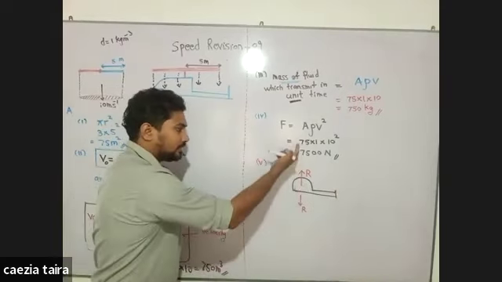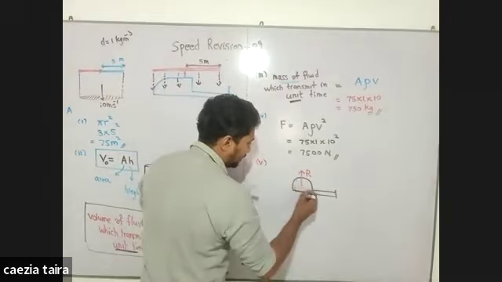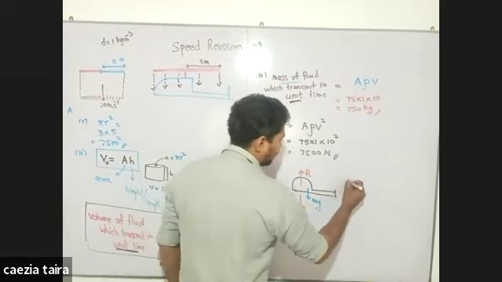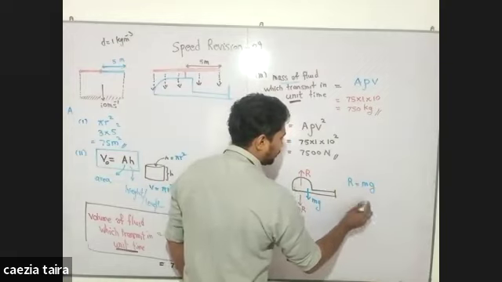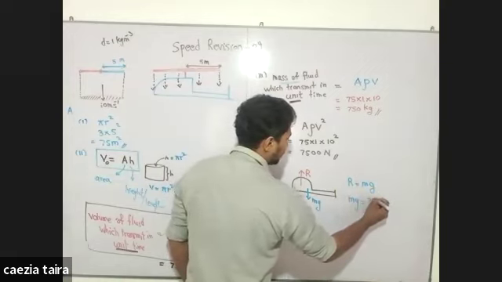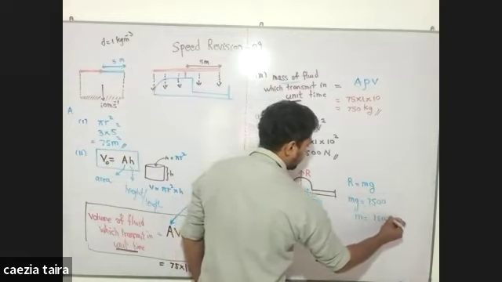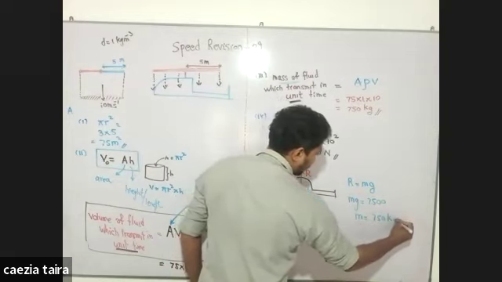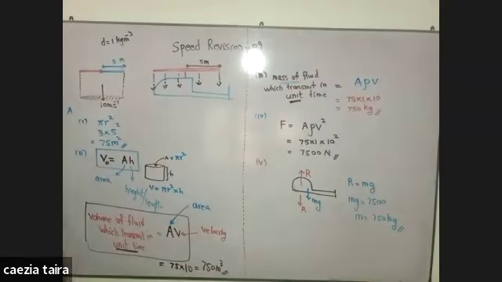The first is this reaction force, and the other is the weight. If the helicopter is in equilibrium, definitely R equals mg. Here R is what we already found, 7500. So m, the mass, can be taken as 750 kilograms. So this is the weight of the helicopter. This is the mass of this helicopter, right?